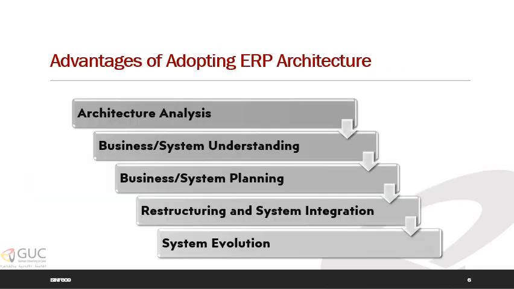After discussing the importance of having an efficient ERP system architecture and the architecture model, now let's discuss the advantages of adopting ERP architecture in the organization. The primary objective of ERP architecture is to make the organization as efficient and effective as possible.